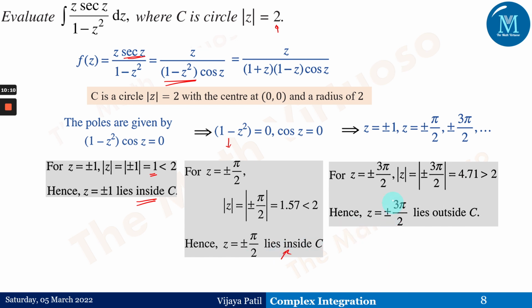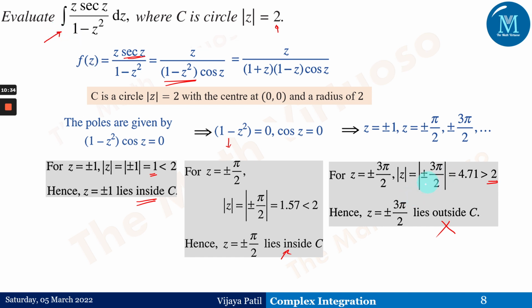But if you observe here, plus or minus 3π/2 gives us the value 4.71. Mod of them gives us 4.71, which is greater than 2. That means this particular point lies outside C. If it lies outside, we are not supposed to find the residue to get the value of this evaluation.